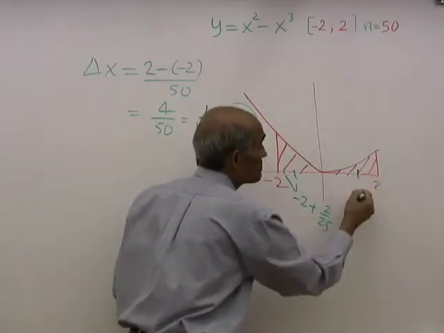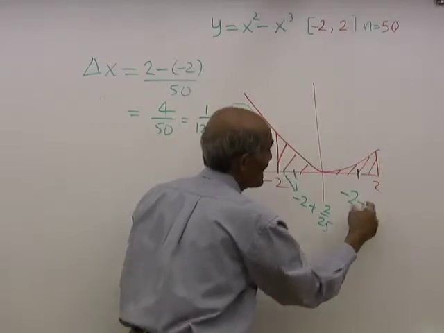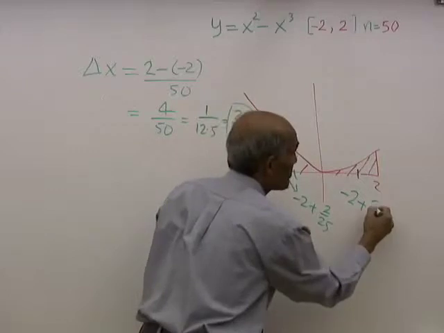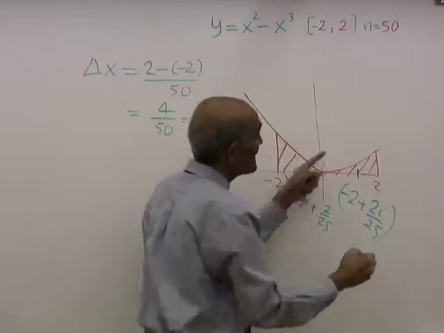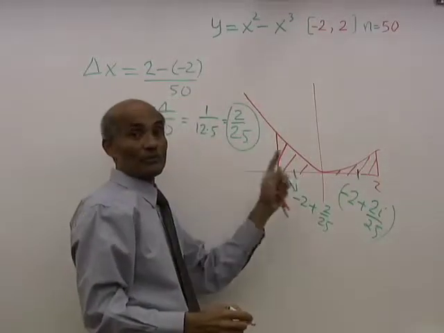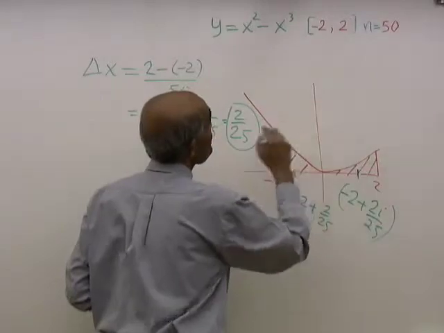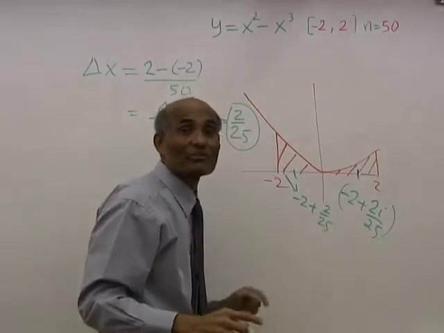And for the ith rectangle, it will be negative 2 plus i times 2 over 25. We'll write it as 2i over 25. This is the x value for the ith rectangle. Therefore, the height of the ith rectangle will be f of this x.